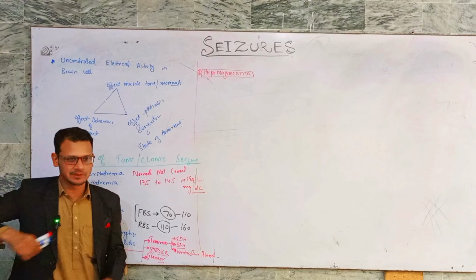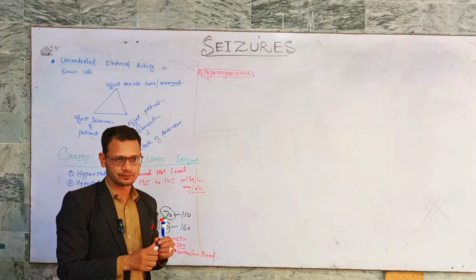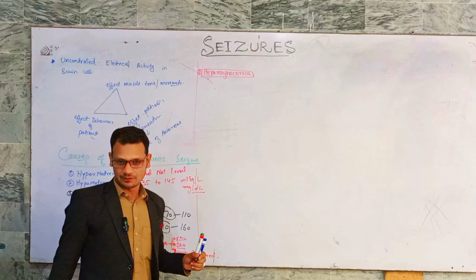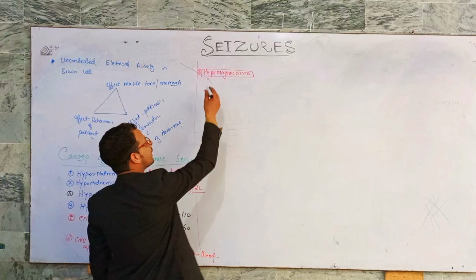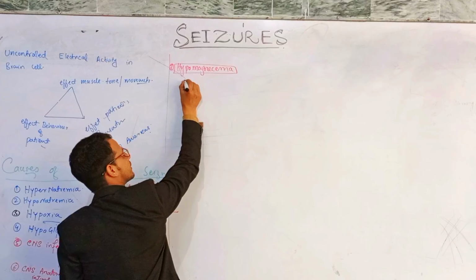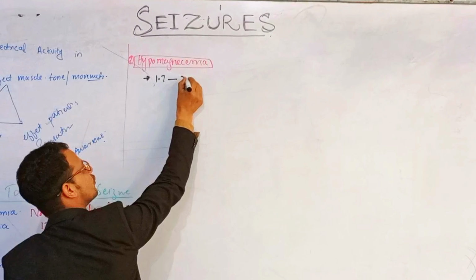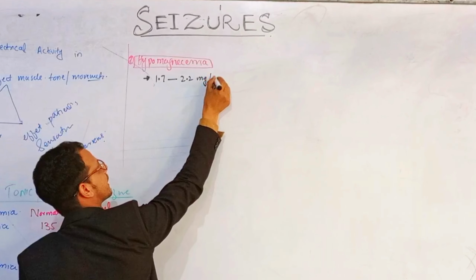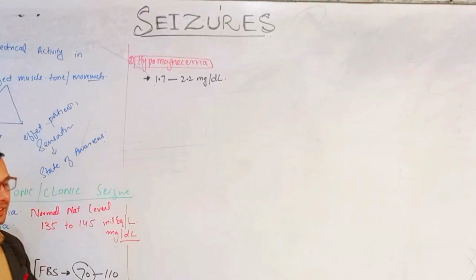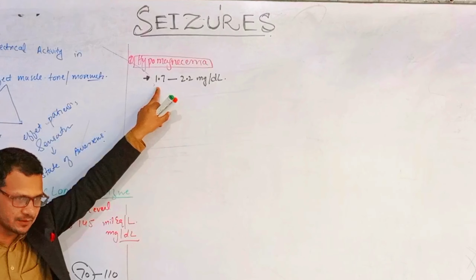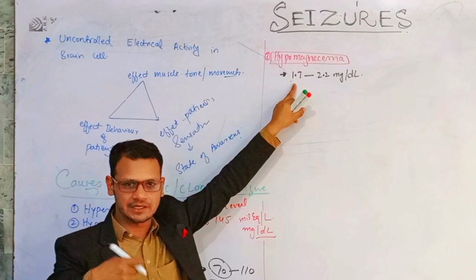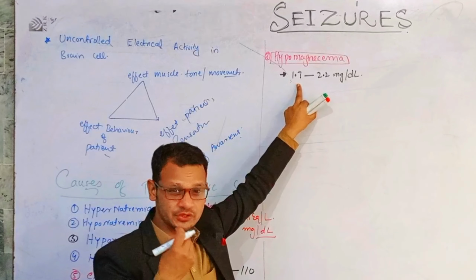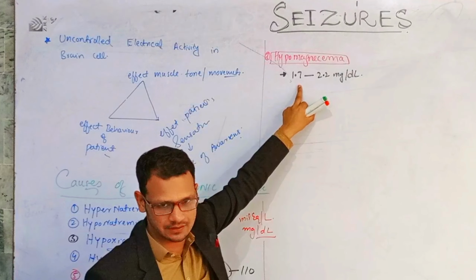What is the normal value of magnesium in serum? The normal value of magnesium is 1.7 to 2.2 milligram per dl. If this value decreases from 1.7, it will affect the brain, and if the brain is affected severely, it will cause seizures, right?